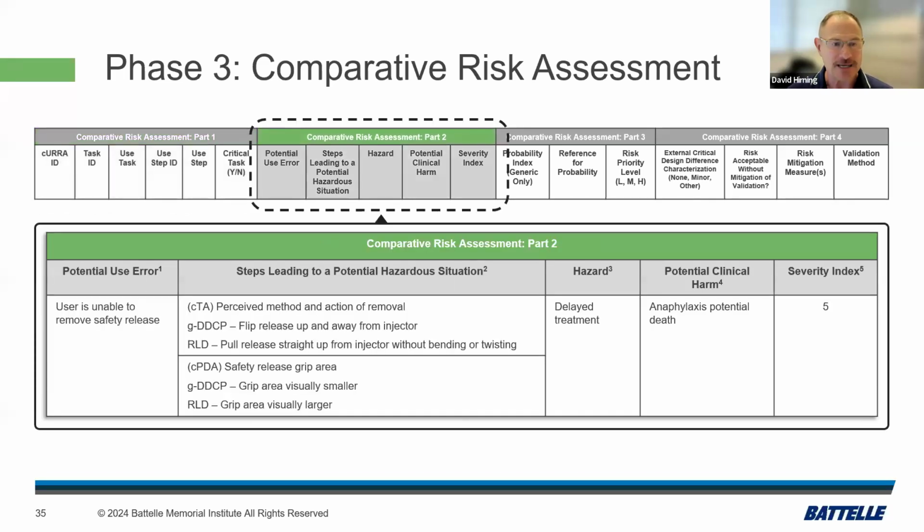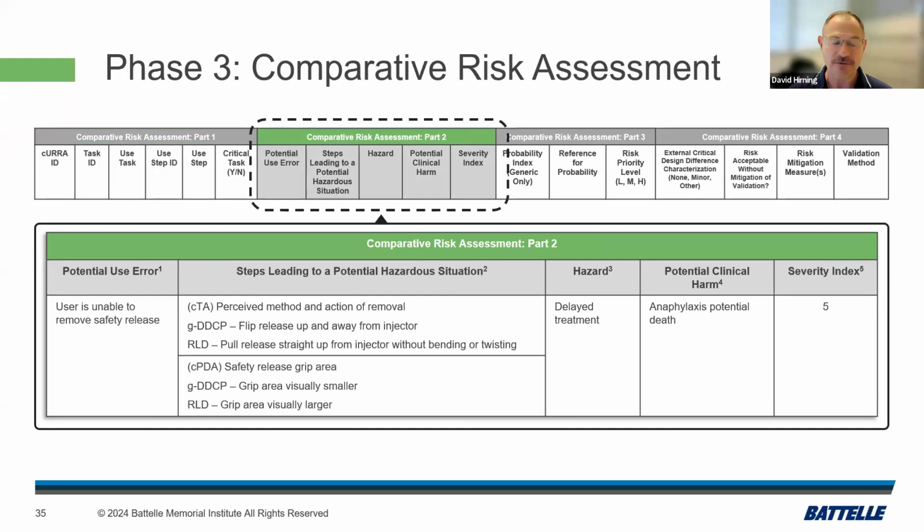As we look to the next grouping of columns, we look at the potential use error. We look at the steps leading to the potentially hazardous situation and so forth. Now, again, we pull each piece of information from, in this case, the first one is the comparative task analysis.